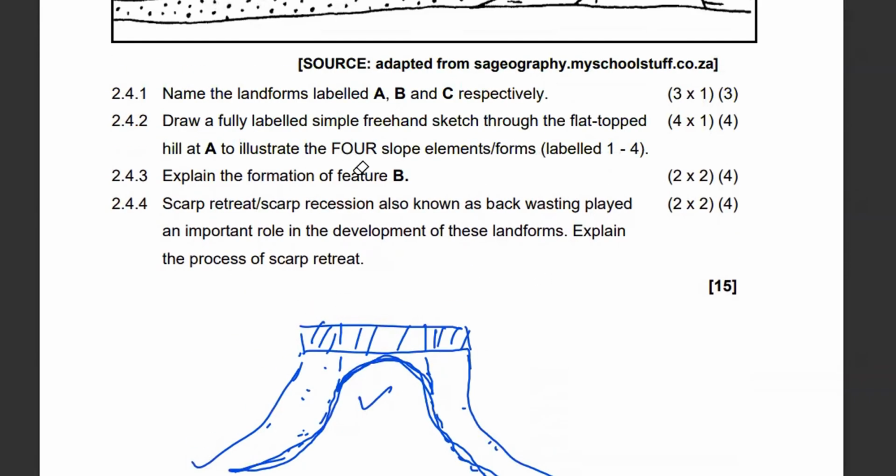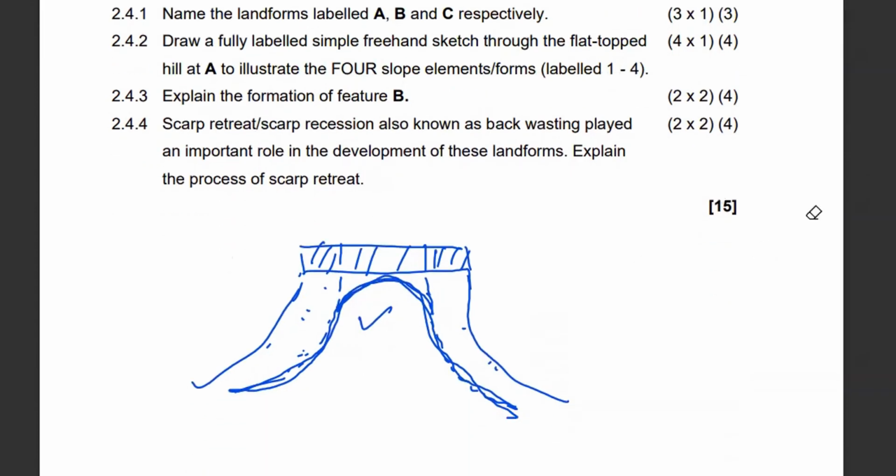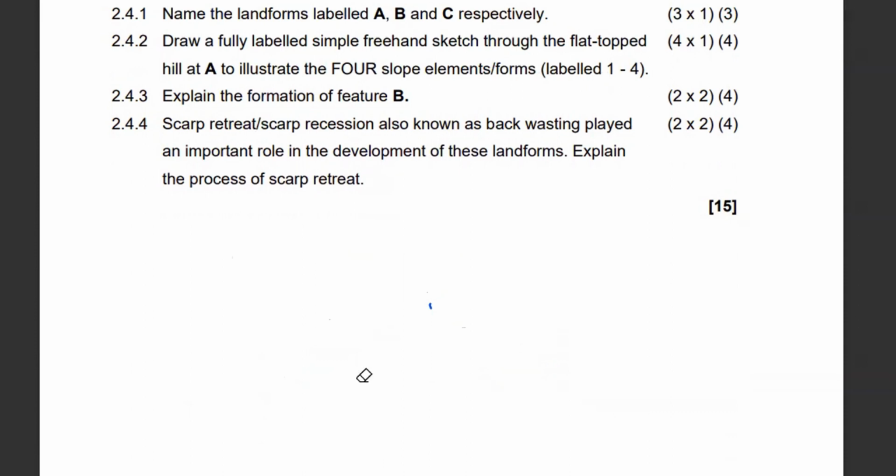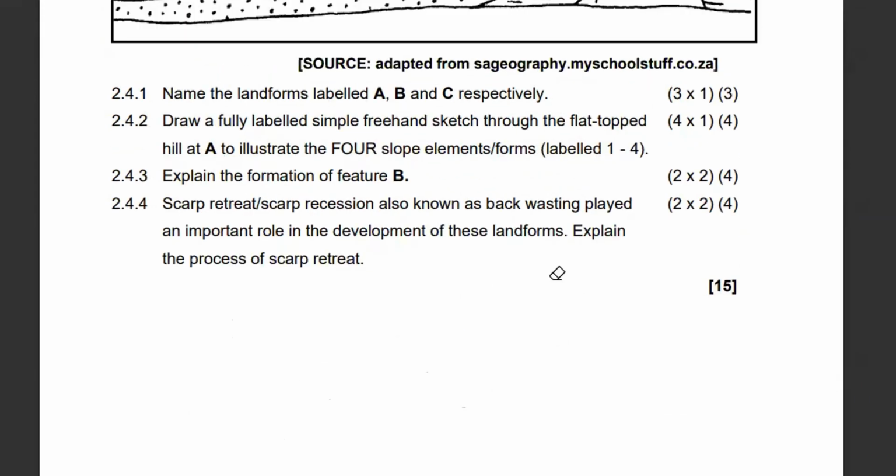Right. Then the last question, it says scarp retreat or scarp recession, also known as backwasting, plays an important role in the development of these landforms. Explain the process of scarp retreat.